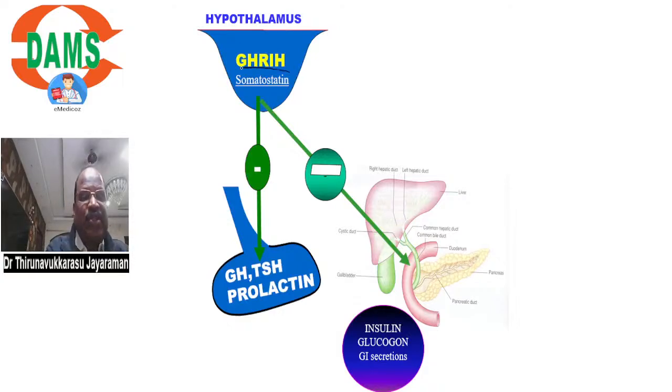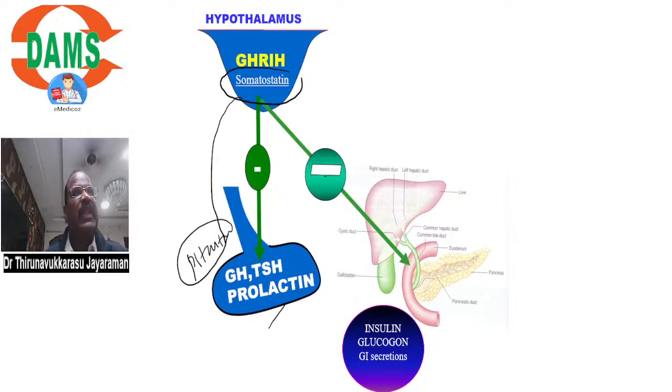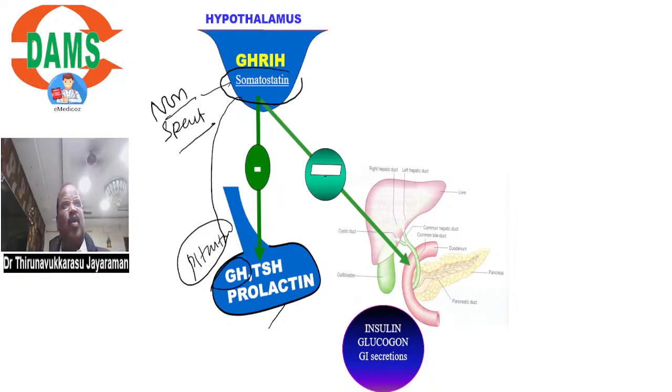Somatostatin is a naturally occurring hormone. It is released from the hypothalamus and acts on the pituitary, controlling the release of growth hormone. But it also controls the release of thyroid stimulating hormone and prolactin. So it's non-specific, controlling all hormones like prolactin, TSH, everything.